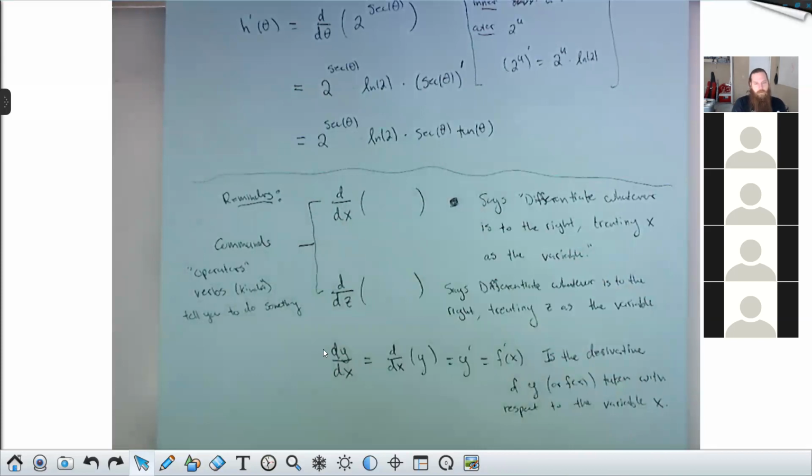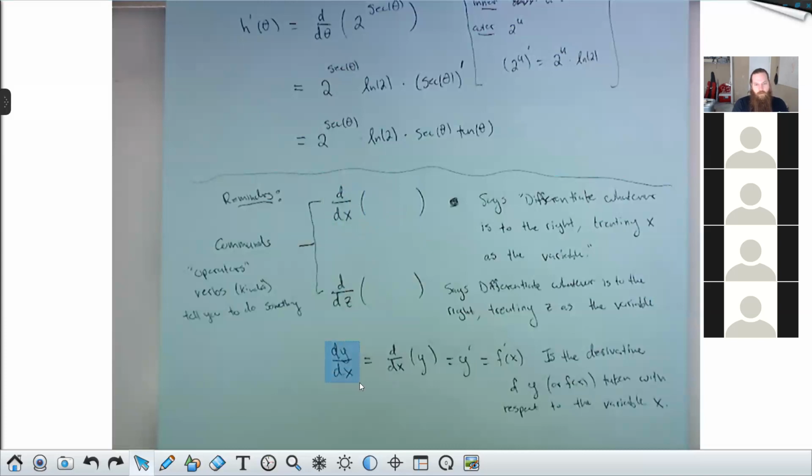So d over dx, or d over d whatever, is a machine. You put the thing in here that you want to get the derivative of. This says, take the derivative of this stuff, and while you're doing that, treat this thing as the variable.